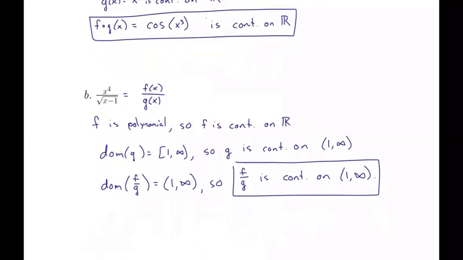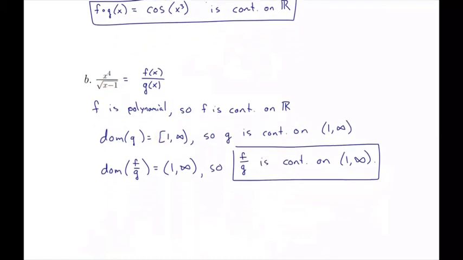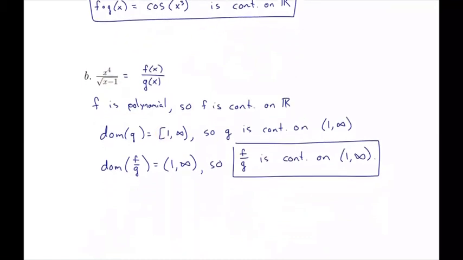So we know it's continuous on all real numbers. Now, g, on the other hand, is a root function, and root functions are continuous on their domains. The domain of this root function is 1 to infinity, including 1, right? So g is continuous on, let me switch this, I made that mistake in a past situation, but it includes 1.